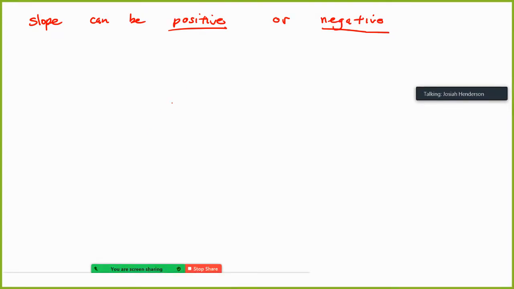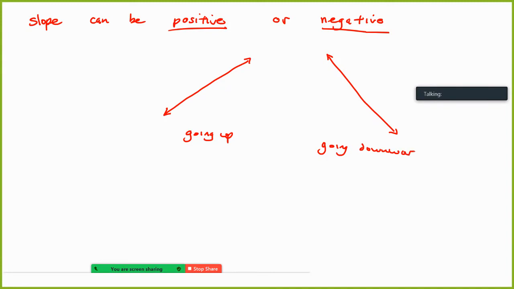If it's positive, that means our line is going upwards from left to right. If it's negative, it means our line is going downwards from left to right. So if you're given a picture, without even measuring the actual number, we should be able to tell if it's a positive or negative slope right away.